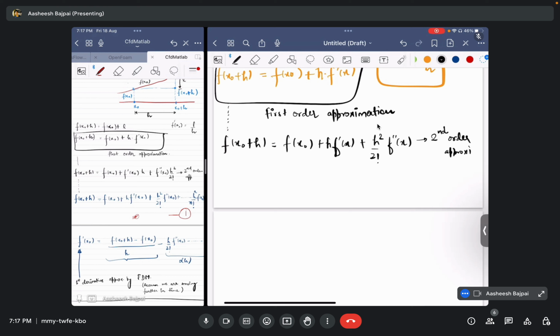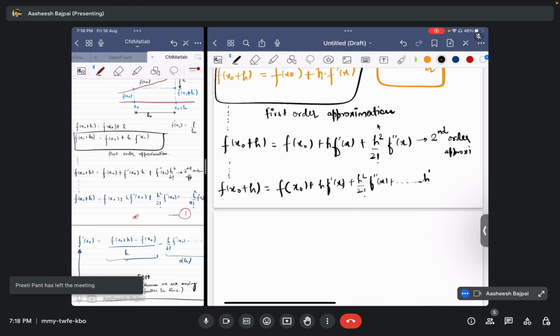Similarly, we can go on, and if we continue these kinds of orders, increasing the power and derivatives for more accuracy, it will come to a point where it goes to infinity, and at the end there will be h to the power n by n factorial f n x.